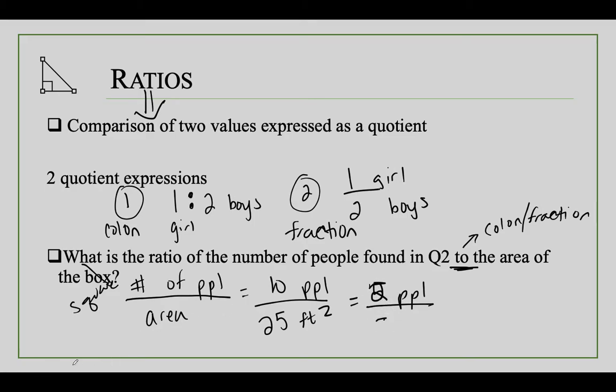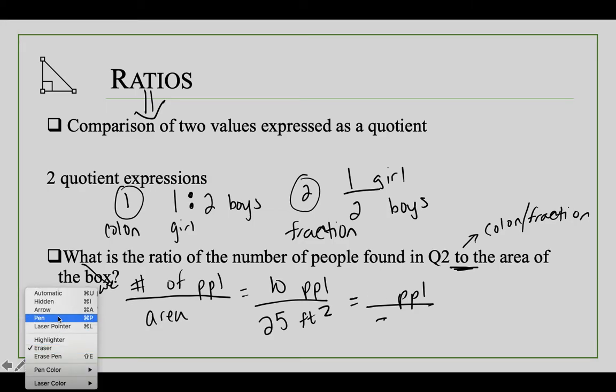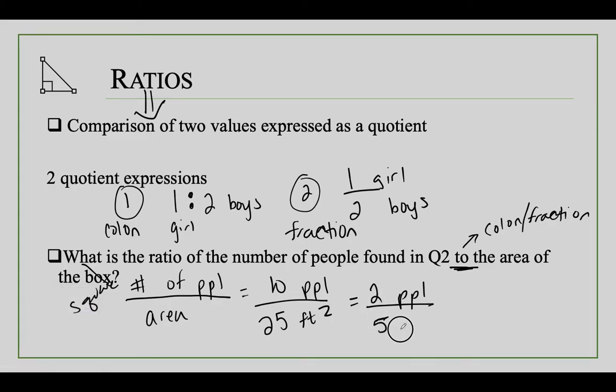Let me erase that. Oops. Moving too quickly. So that means I have 2 people for every 5 feet squared.